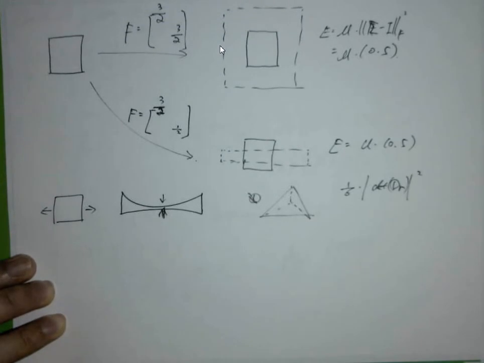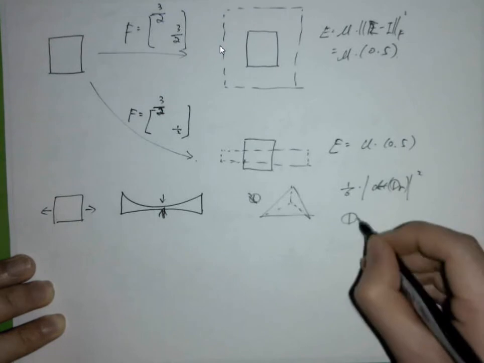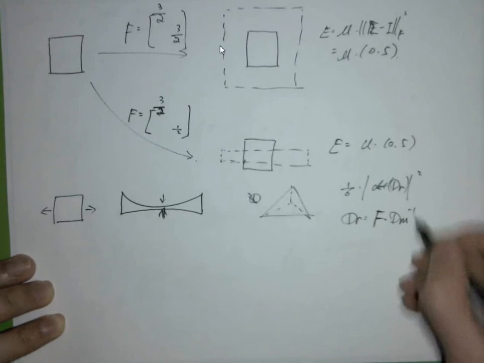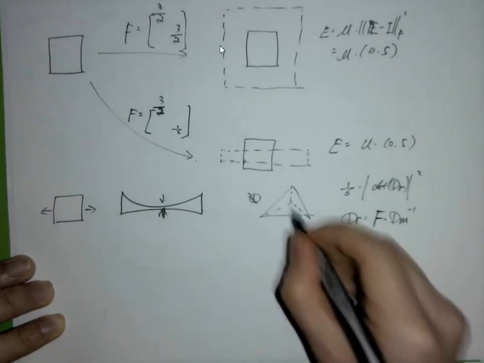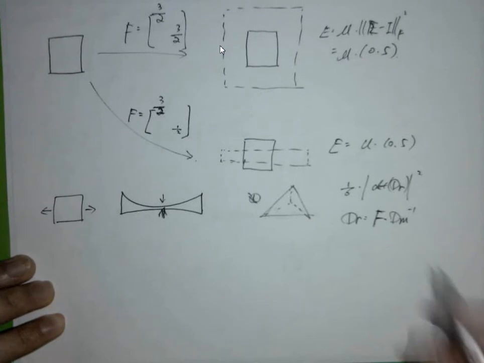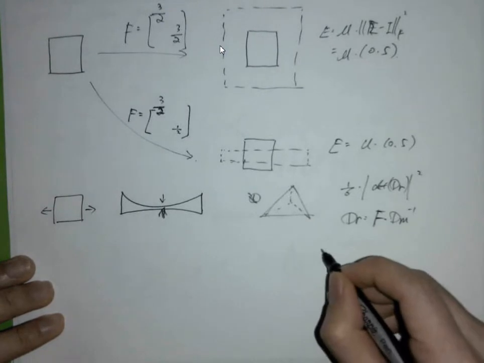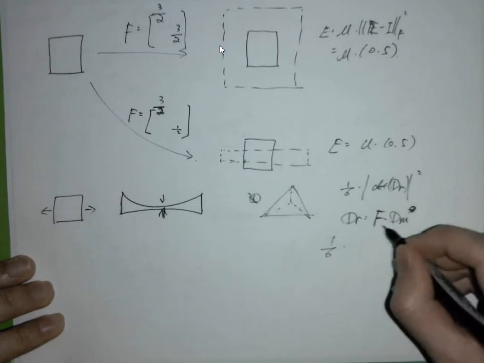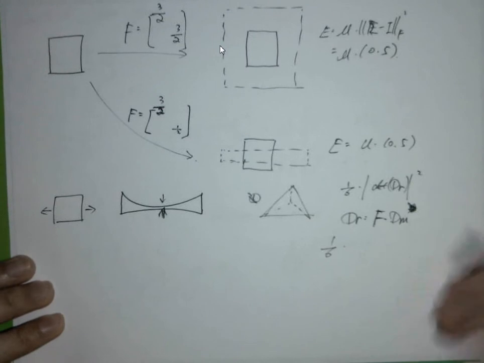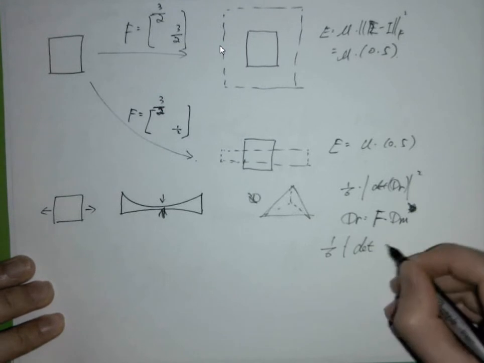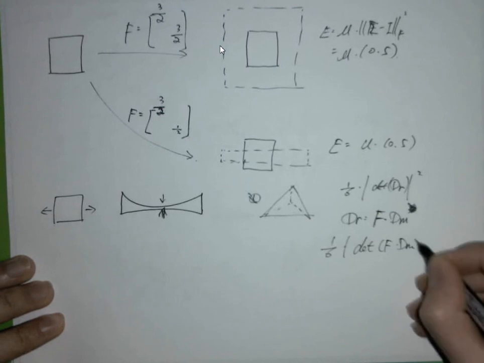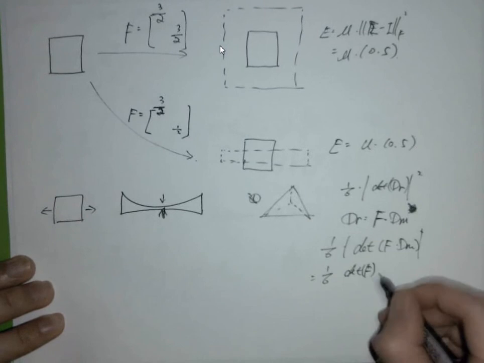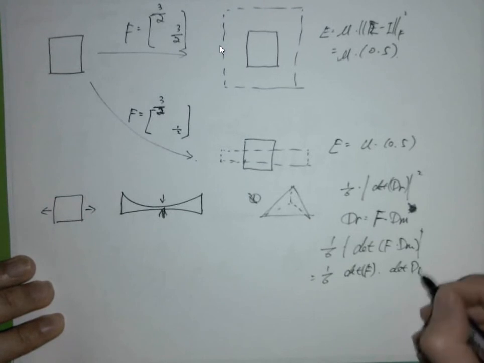Or we know that because dr equals the deformation gradient F multiplied by dm inverse, the volume equals 1/6 of the determinant of F multiplied by dm, which is 1/6 of the determinant of F multiplied by the determinant of dm.